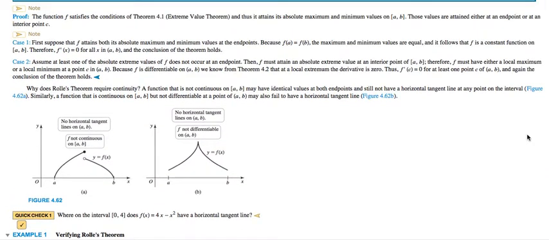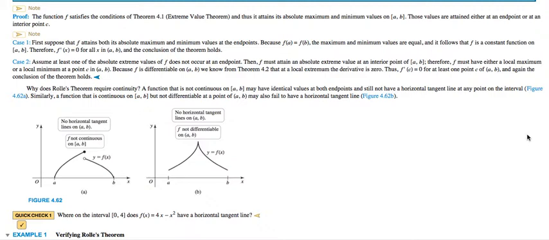The proof of this theorem is somewhat important to understand. It says the function f satisfies the conditions of theorem 4.1, the extreme value theorem, which we went over already, and it attains its absolute maximum and minimum values somewhere on the closed interval AB. Now those values are attained somewhere, either at an endpoint or at an interior point c.